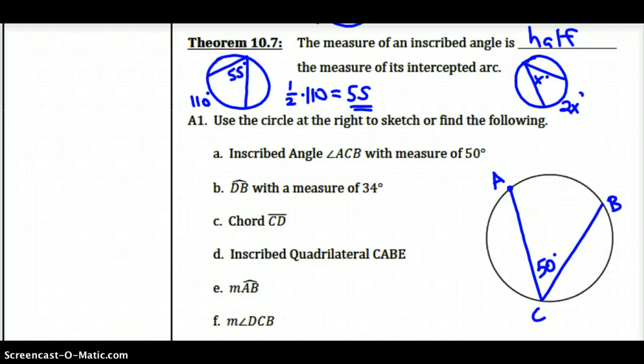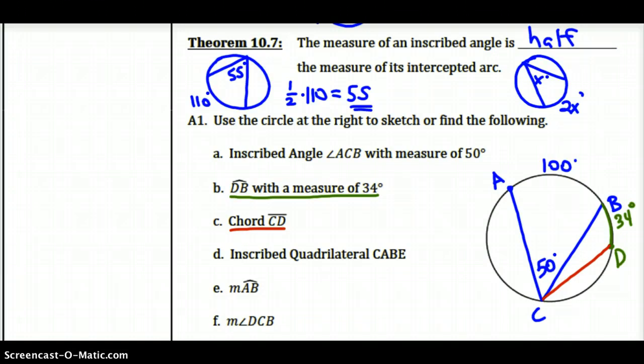Right away I know that arc AB is 100 degrees. Arc DB with a measure of 34. So I'm going to put D here, and this is 34 degrees from here to here. Chord CD.